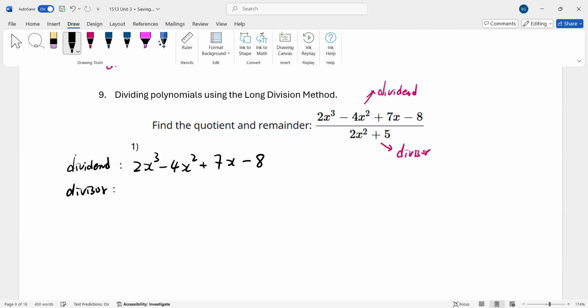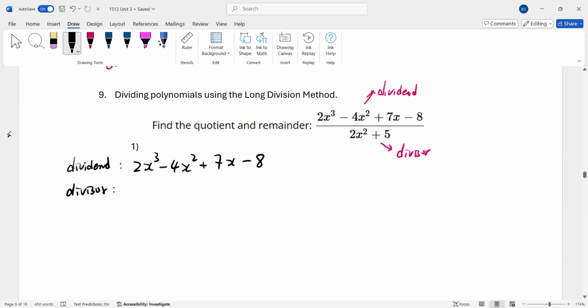Divisor is 2x squared plus 5. Jose, what's the degree of the divisor? I'm sorry, can you repeat that, please? The divisor is 2x squared plus 5.